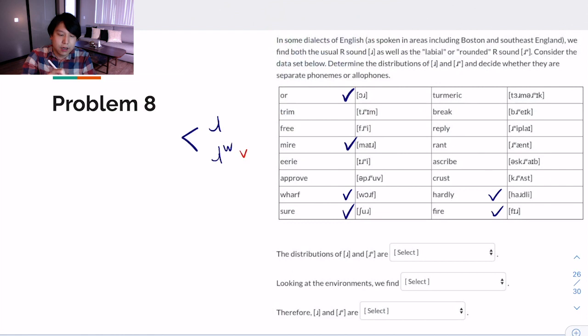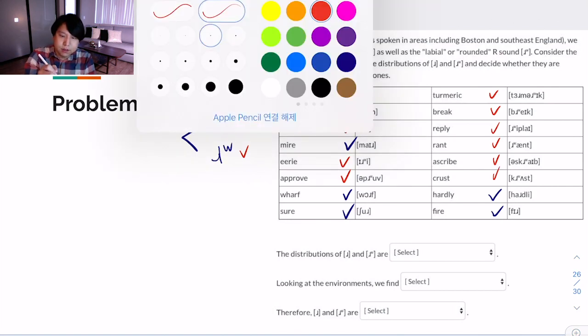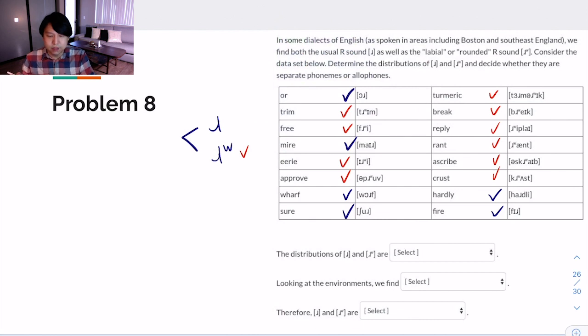The labial or rounded R exists here, here, here, here, and in all the words in the right row.